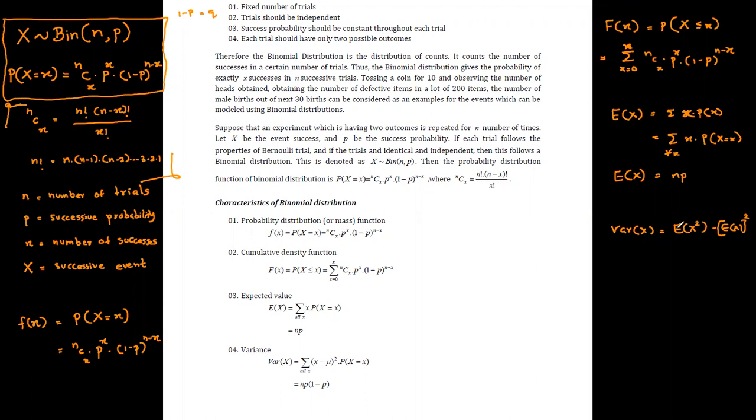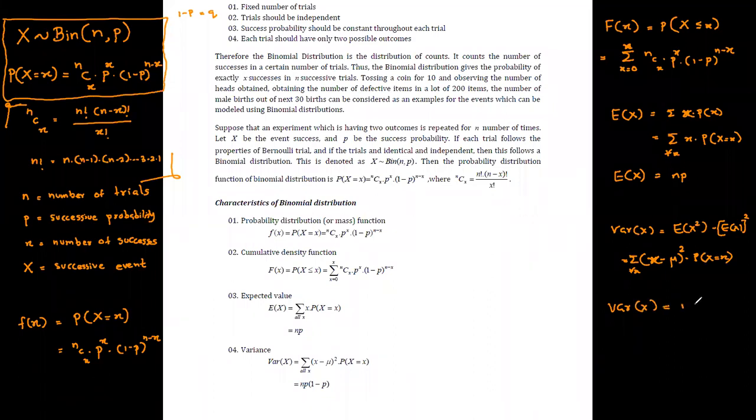Or else you can use the summation for all x of (x minus mu) squared times p(x). This leads us to the variance of the binomial distribution.